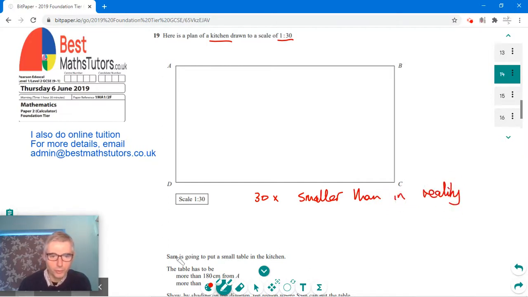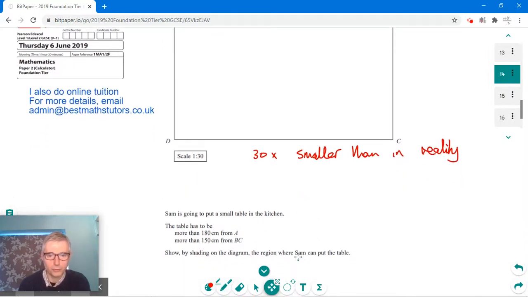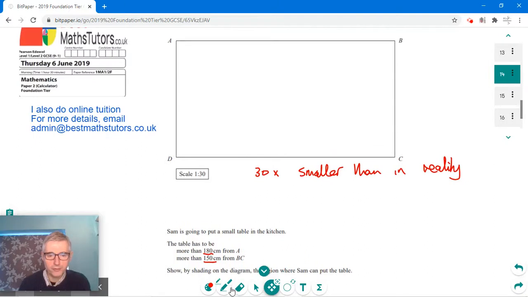And what we're asked to do is we've got a table and we've got to show where it could be put on our diagram given these conditions. So it's got to be more than 180 centimeters from A, and A is a point, and more than 150 centimeters from BC, which is a line. So first thing we need to think about is this actual scale.